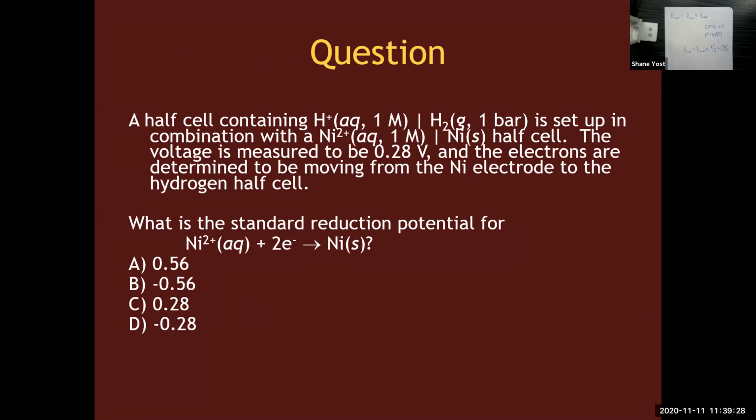The question is, what is the standard reduction cell potential for the Ni2 plus plus 2e minus going to Ni solid? You don't have any thoughts?